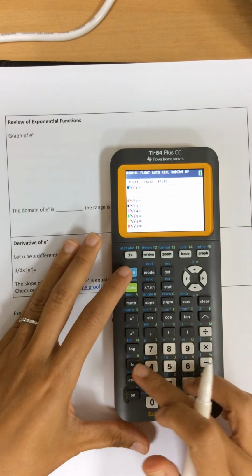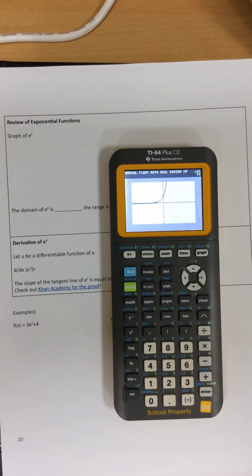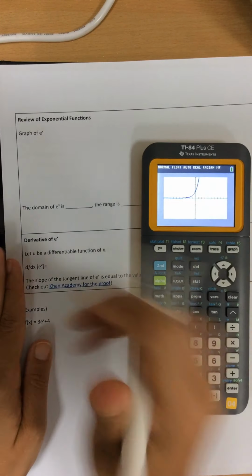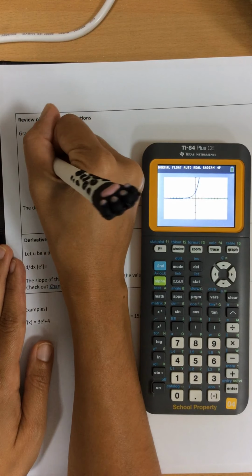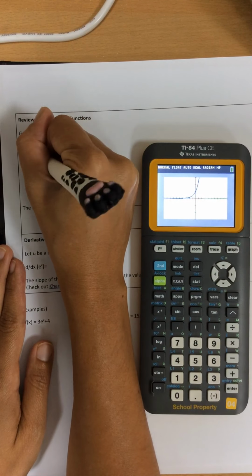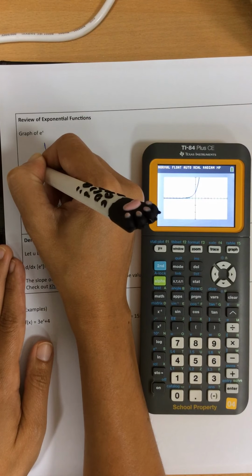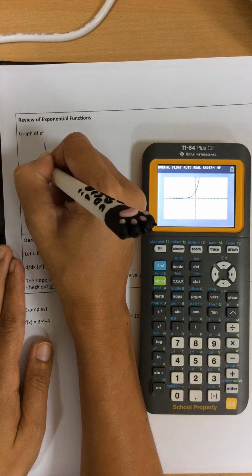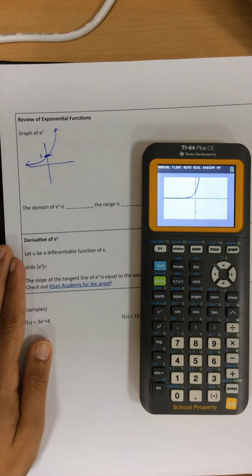Here it is. Okay, there's e to the x, right? So just remembering, if you want to sketch what it looks like here, the y-intercept is 1, right? And it has an asymptote at 0, and then it just kind of crosses there and goes up and up and up, right? That's the graph of e to the x.